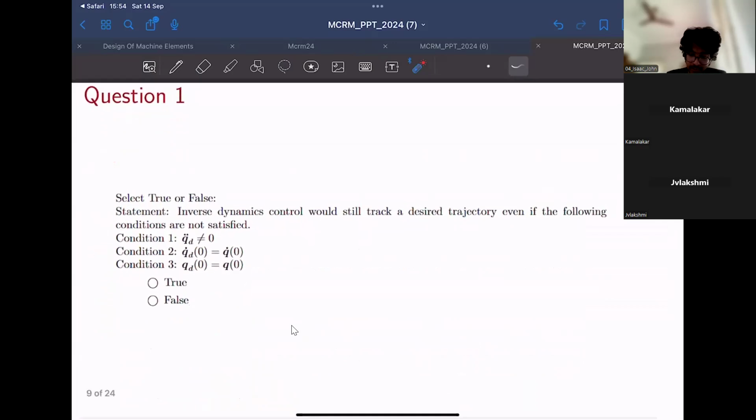Okay, so the first question is: this inverse dynamics control would still track the desired trajectory even if the following conditions are not satisfied. Is it true or false?